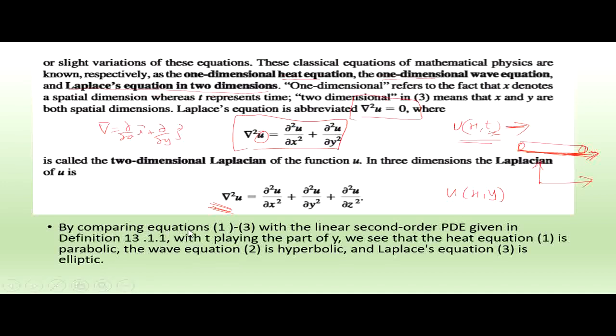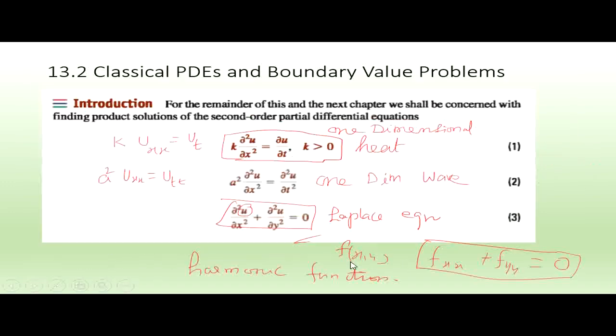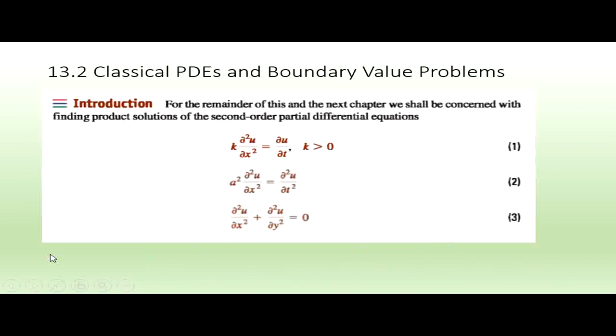Now, by comparing equations 1, 2, 3 with the linear second order partial differential equation, we can classify these equations as parabolic, hyperbolic and elliptic. Shall we try it right now? Okay, this equation should be written in this form: k times u double x minus ut is equal to 0.